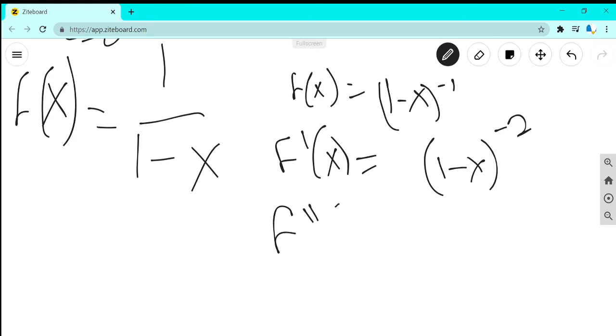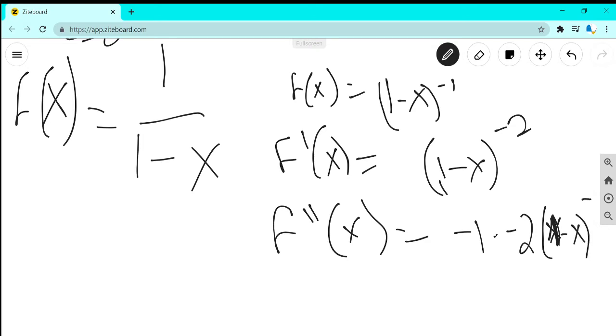Now the second derivative is just the derivative of that. So that's going to be negative 2 times, remember we're going to start every one with negative 1 because of the chain rule. So times negative 2 times 1 minus x to the negative 3.